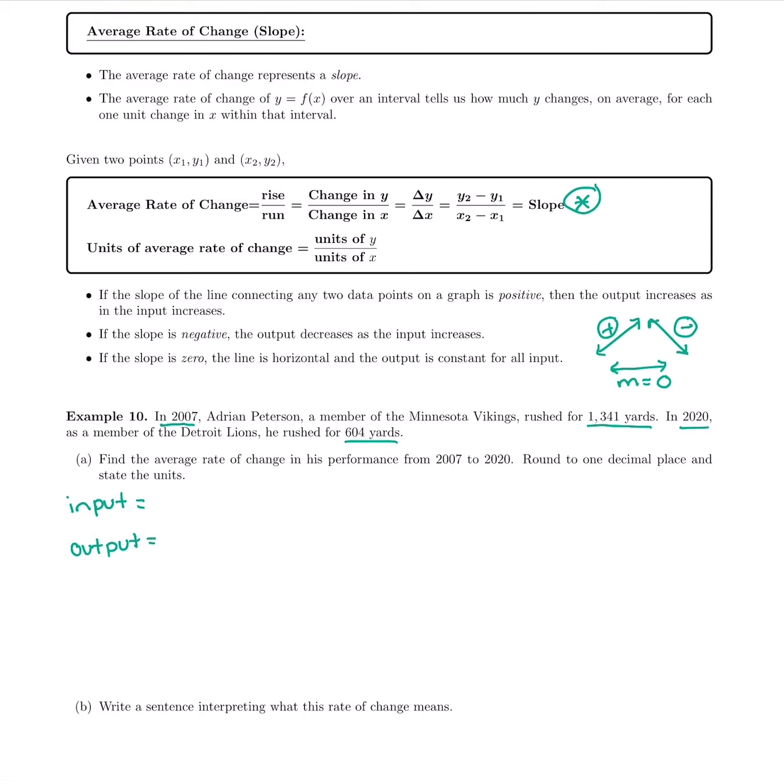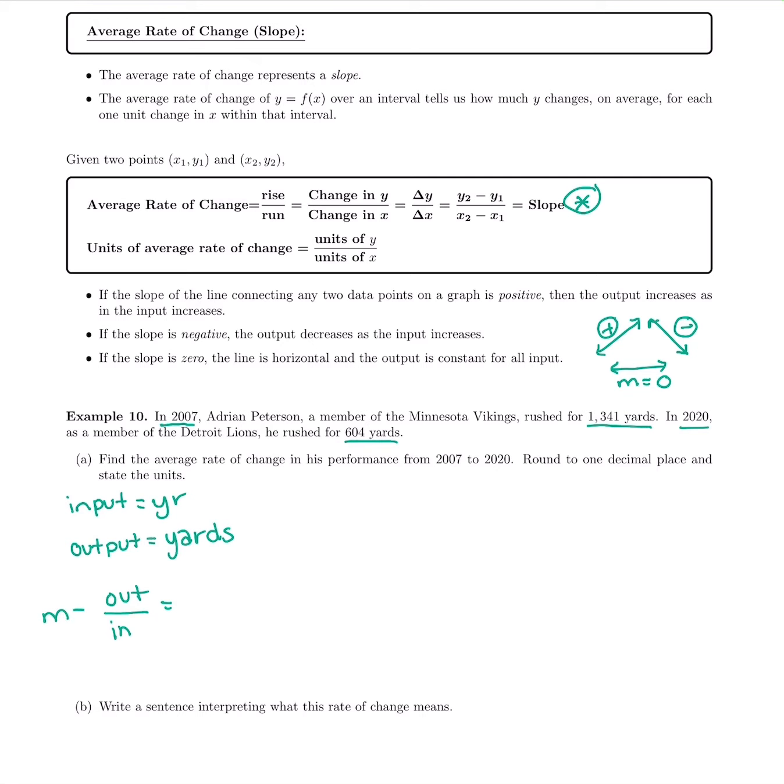Well, we're going to plug in the year. Tell me what year it was in his career, and we're going to get out the yards that he rushed for. And so slope is change in y over change in x. So it's always output divided by input.